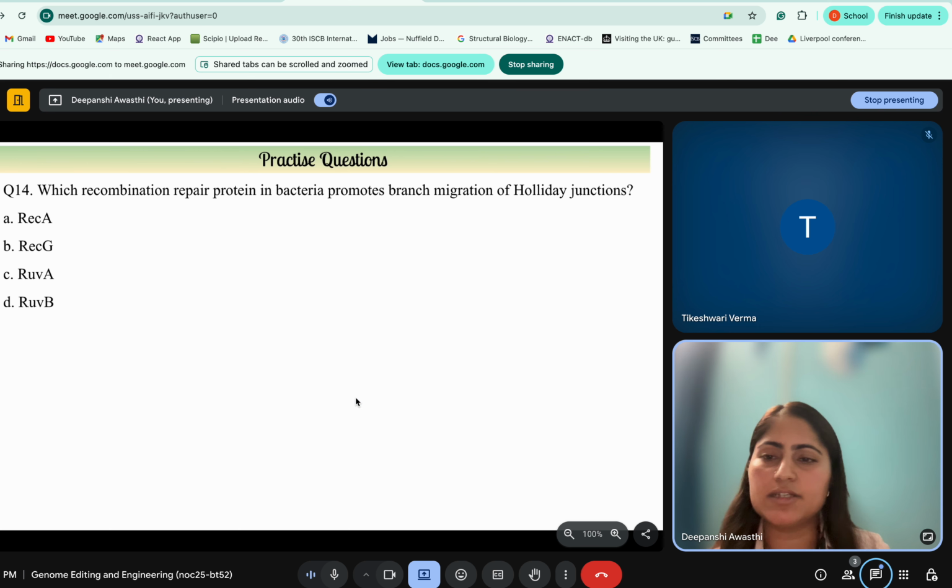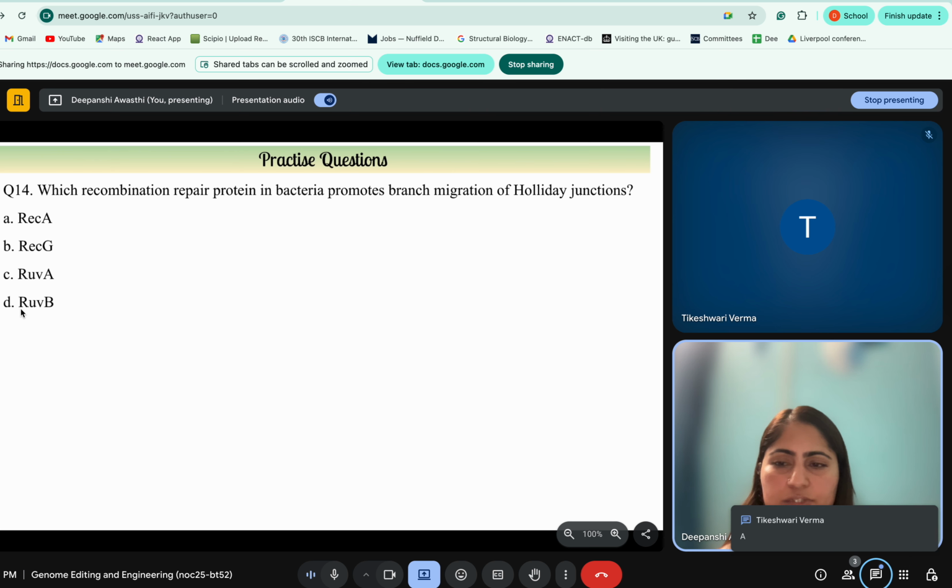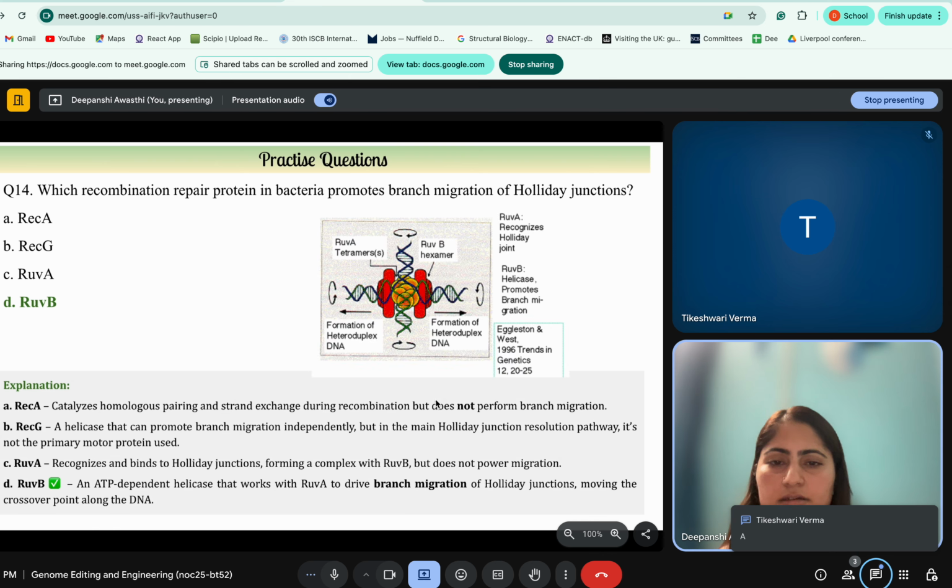Okay, so next question is, which recombination repair protein in bacteria promotes the branch migration of Holliday junctions? Option A RecA, option B RecG, option C RuvA, and option D is RuvB. Now this is a bit tricky because we have talked about RecA and we have not talked about RuvA and RuvB.